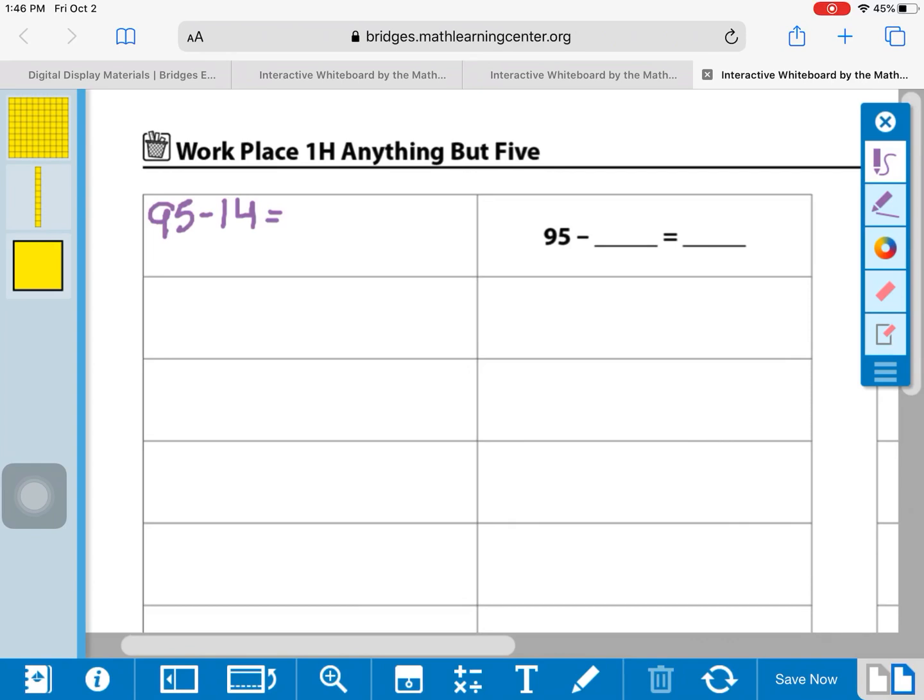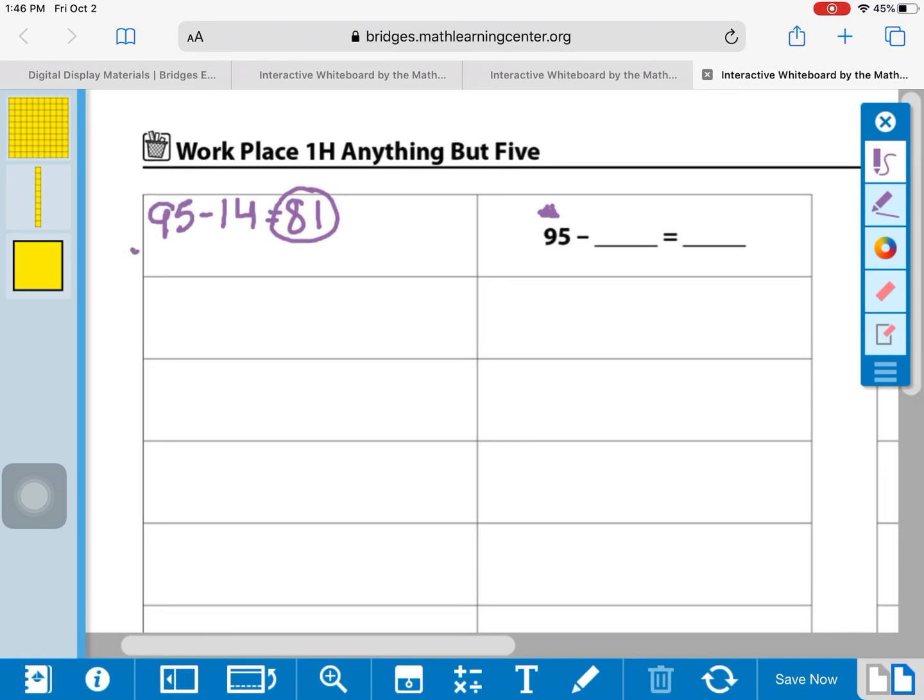In this case, I have 5 ones take away 4 ones, that's 1 one. And then 9 tens take away 1 ten, that's 8 tens. So my new total now is 81, because I started with 95.